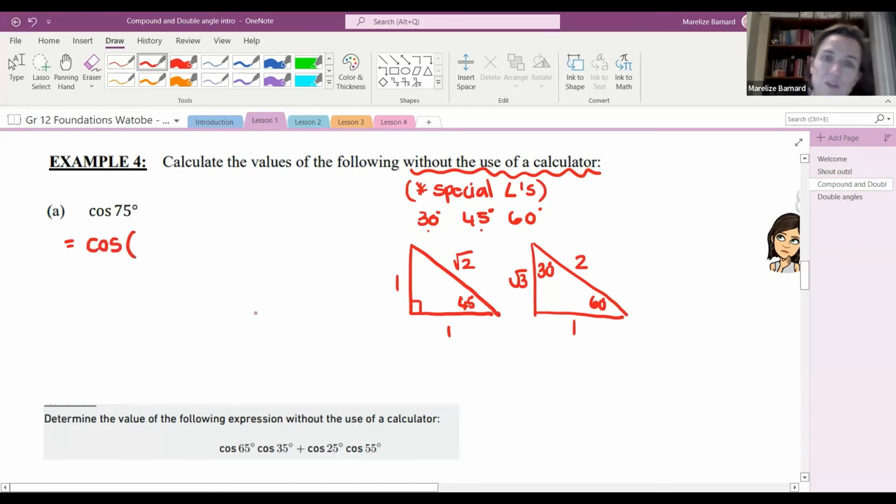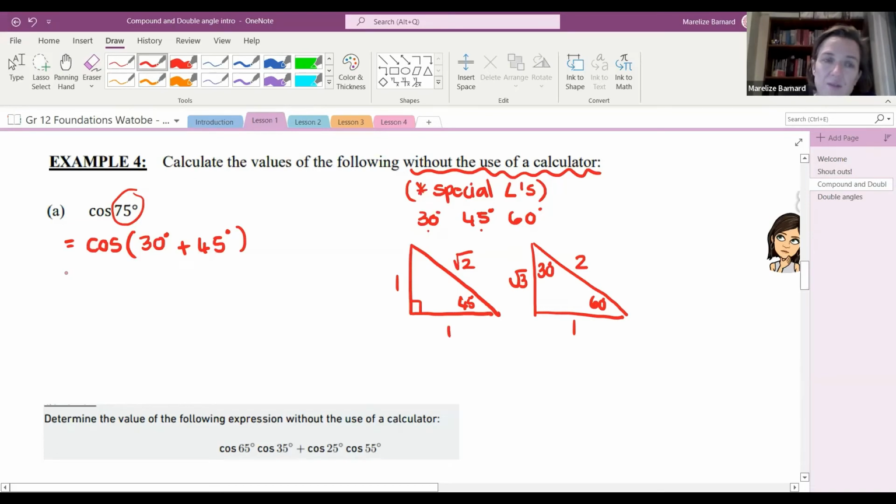So use your special angles to write this angle as a compound angle. Remember, compound meaning add or subtract two angles. So 30 plus 45 is going to give you cos 75.